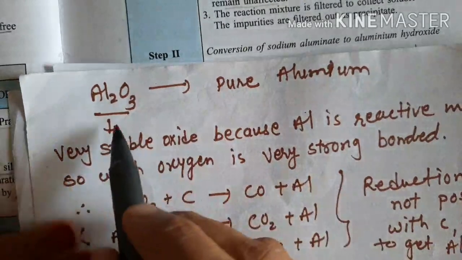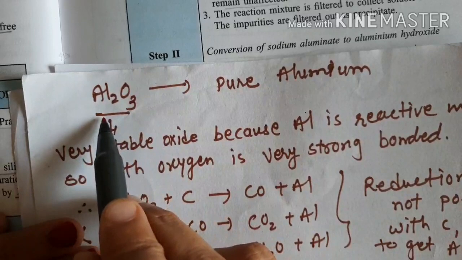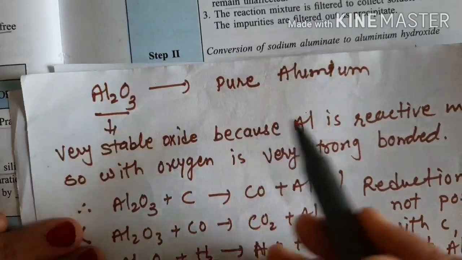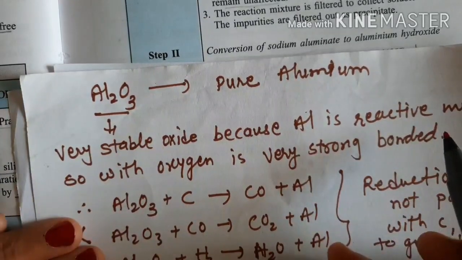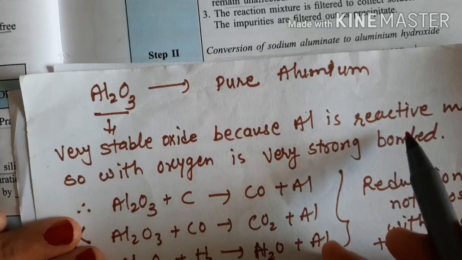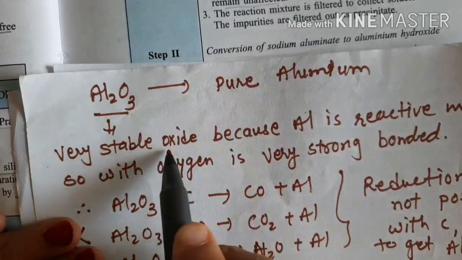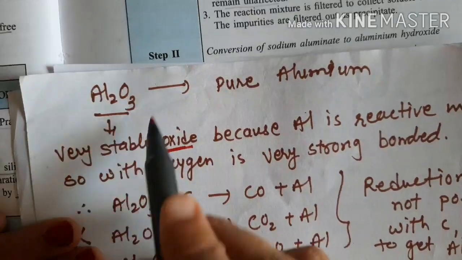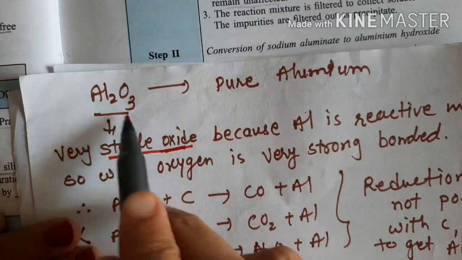But as we know, aluminum is a very reactive metal, as I told you before. That's why it reacts with oxygen and forms an oxide, which is a very stable compound, Al2O3.